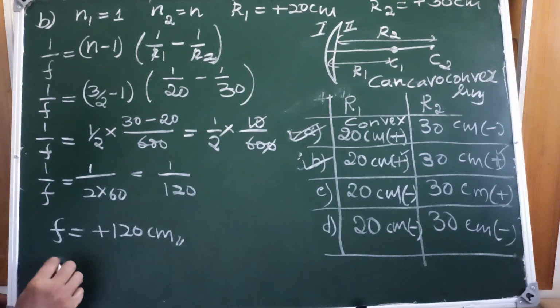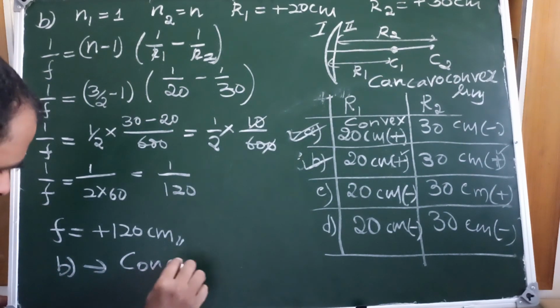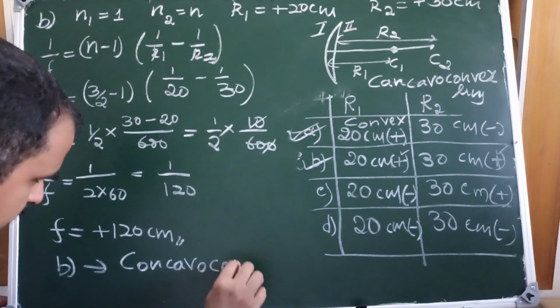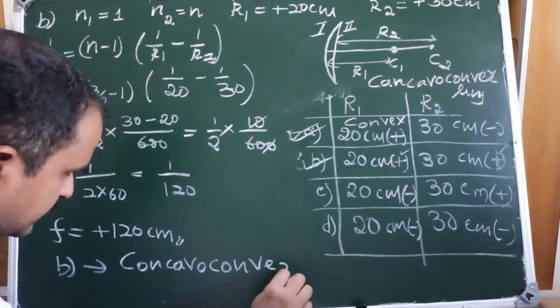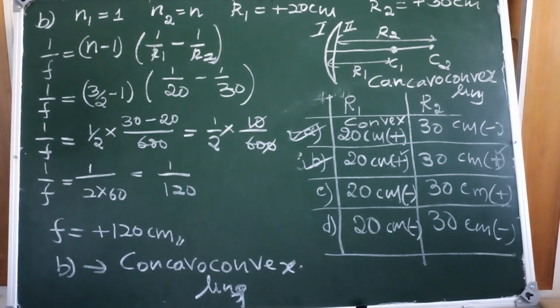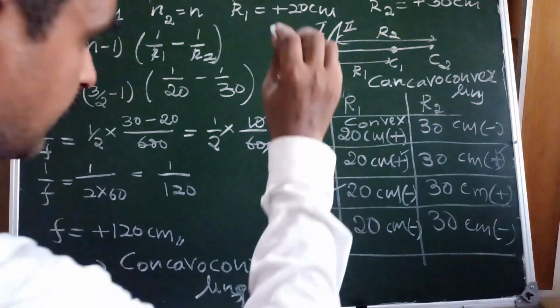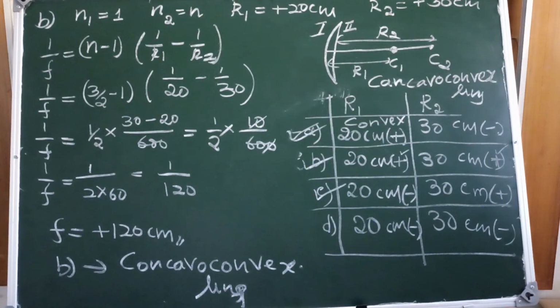You can write B is a type of concavo-convex lens. It is a converging lens only. Convex lens.